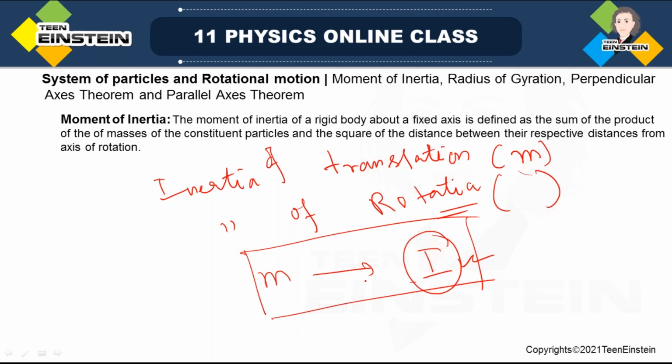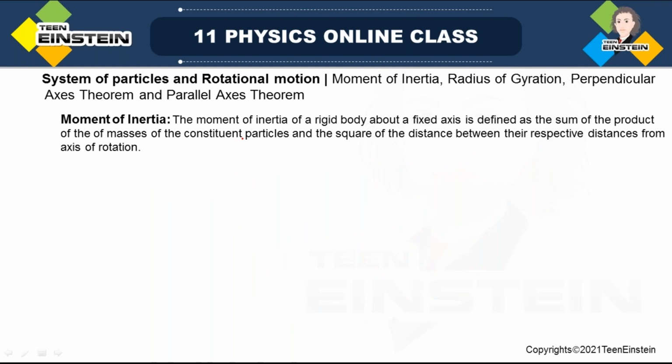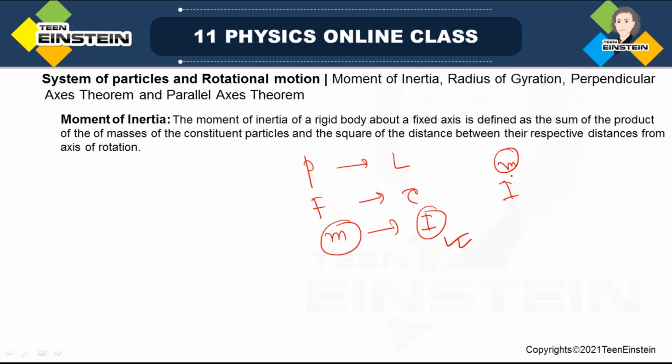So we have analogous quantities: linear momentum and angular momentum, force and torque, and another analogous pair, M and I. I is the rotational analog of inertia. The same role that mass plays in translational motion is played by moment of inertia in rotational motion.